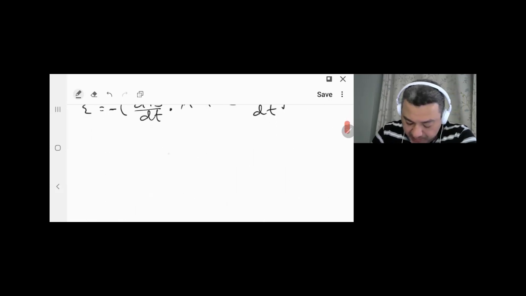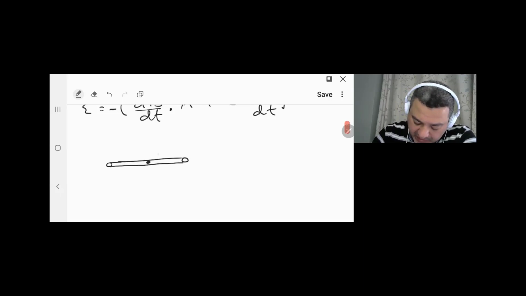I will see this loop, and here is the axis where this loop can rotate, and this is the normal unit vector, and this is the magnetic field.